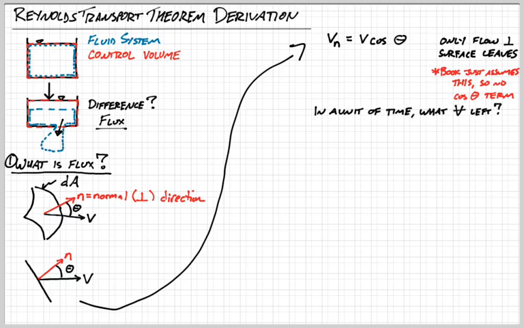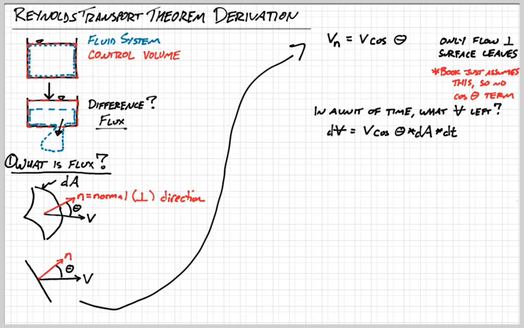Now, in a unit of time, what volume would have actually left our system? Well, we know that a volume could be defined as the velocity normal to the surface, so that's v cosine theta, times the area multiplied by time.